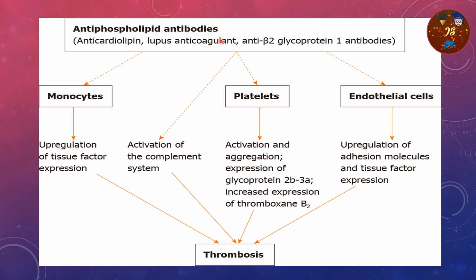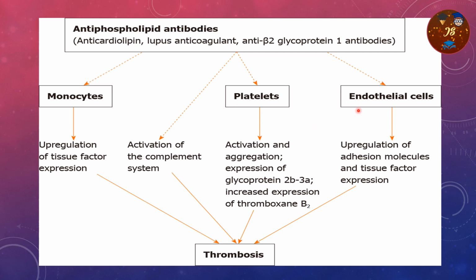These antiphospholipid antibodies actually work on monocytes, platelets and endothelial cells, or directly through activation of the complement system. When they work on the monocyte, they cause upregulation of tissue factor expression, which ultimately causes thrombosis. Activation of the complement system also causes thrombosis. On platelets, they cause activation of aggregation and expression of glycoprotein 2b3, ultimately causing thrombosis.